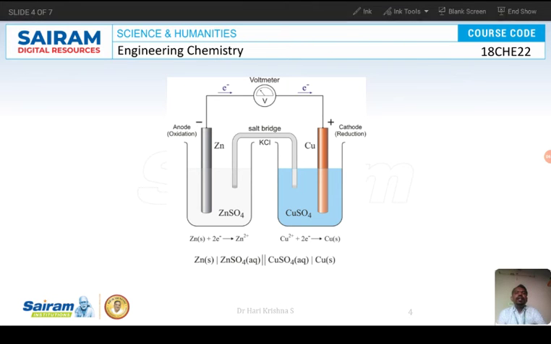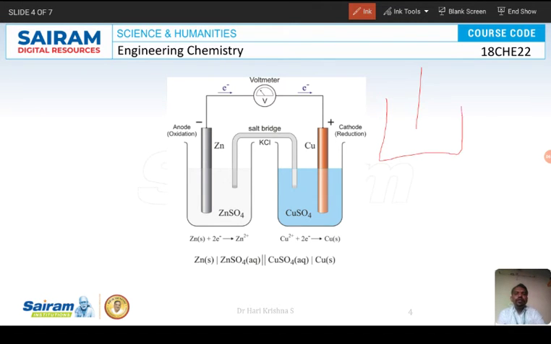Let us see. Let us consider zinc dipped in zinc sulfate solution. Zinc undergoes oxidation to give Zn2+ and 2 electrons. These 2 electrons will be on the surface of the electrode, as Zn2+ will be in the solution.